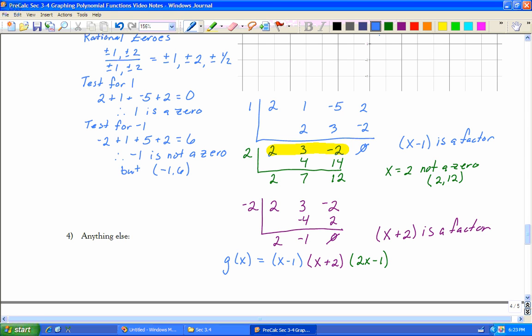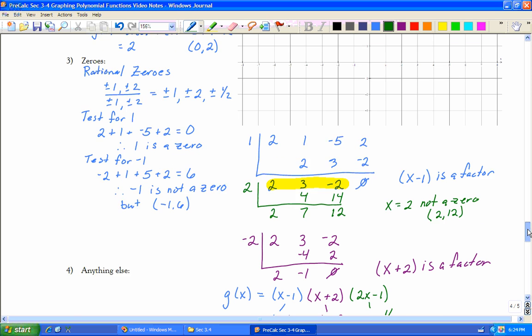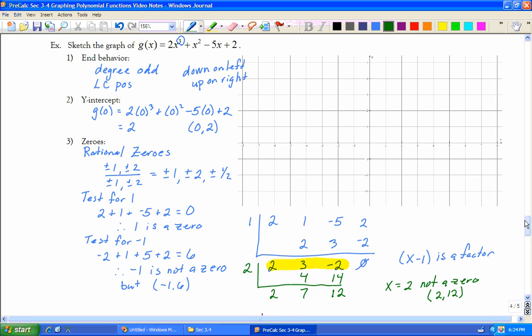So that gives us our zeros of x is equal to 1, x is equal to -2, and if we solve the last one, we get x is equal to 1/2. So now we have zeros, we have end behavior, we have a couple points in between. Let's go back up to our graph and let's graph these.